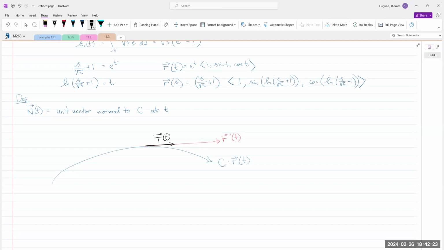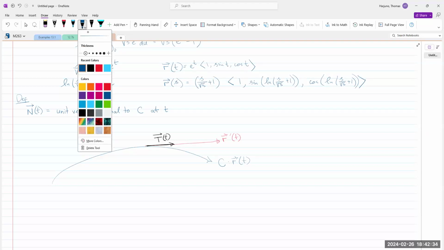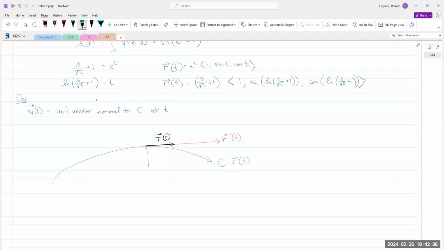Now, the normal vector, the unit normal vector, the capital N there, is this vector. What color should I use? Let me use dark green. The unit normal vector is here.